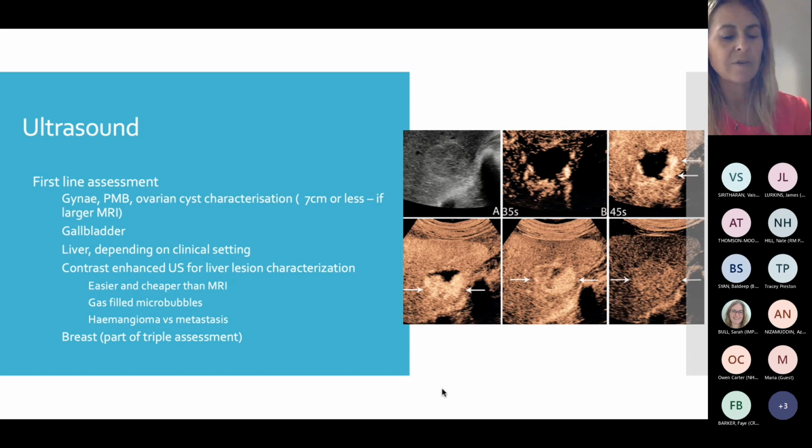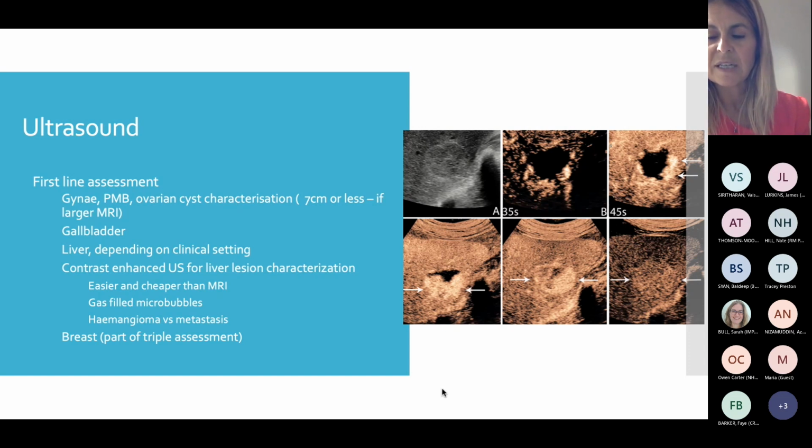And liver is often very useful, both as a primary detection, but we also now use contrast-enhanced ultrasound for liver lesion characterization. So this image is an example of what that looks like. On the top left is a lesion within the liver, and then the contrast agent is administered, which is microbubbles, injected in saline into the patient, and then the patient is scanned in real time with ultrasound.